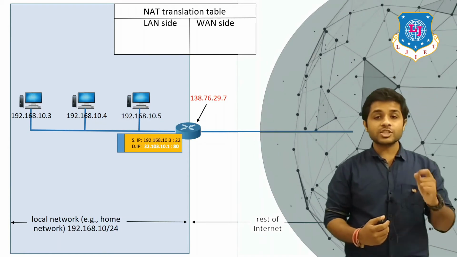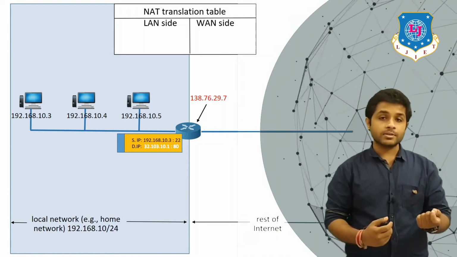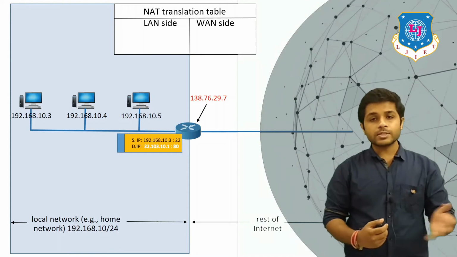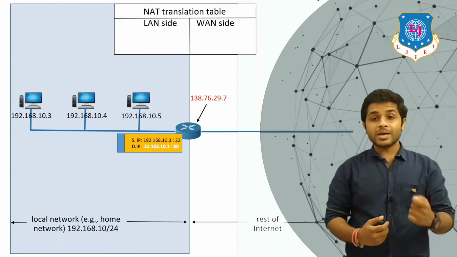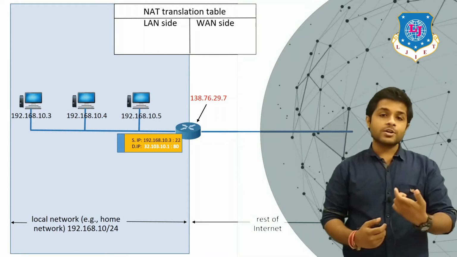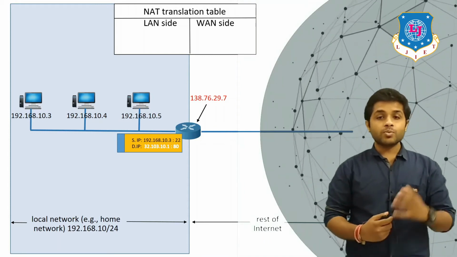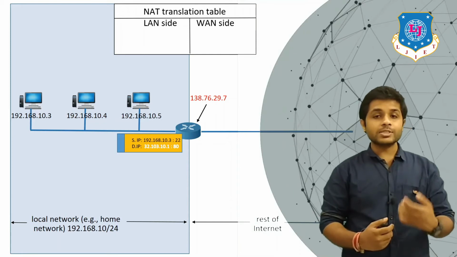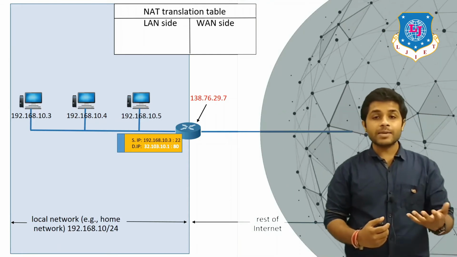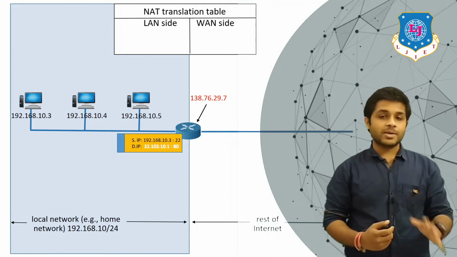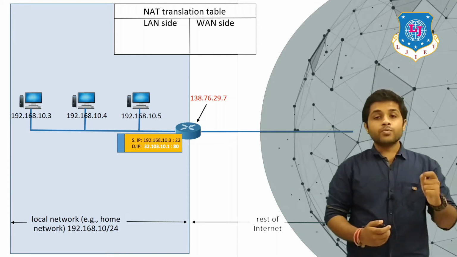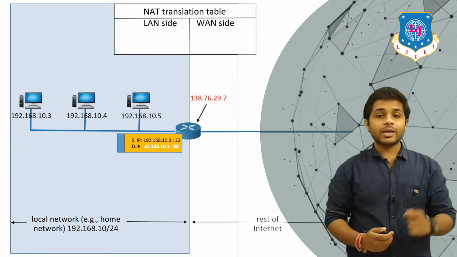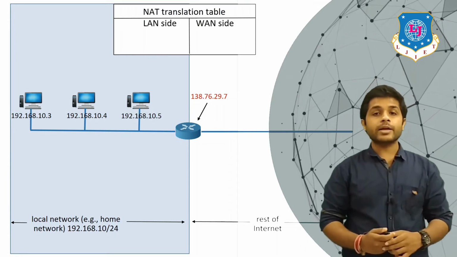Because this message contains a private IP address. If this router forwarded the message to the internet, no other router would forward it further, because when a router encounters any message that has a private IP, it will just discard that message. So in this case, the router will change the message and make an entry in the network address translation table.